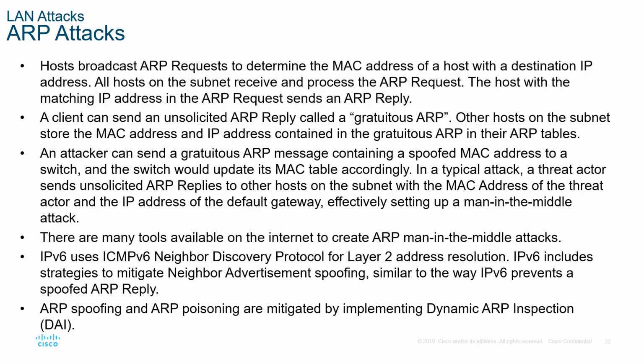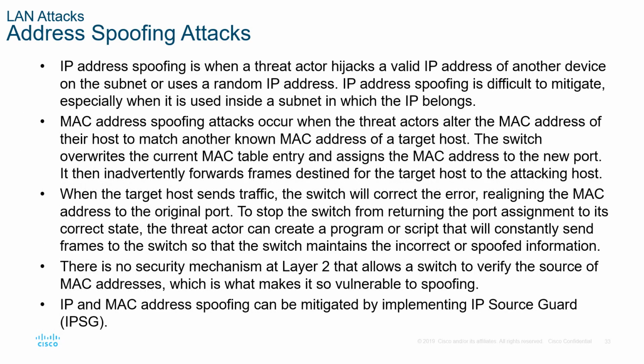Most of this can be mitigated by using dynamic ARP inspection, but these types of attacks do pose the risk of things like a man-in-the-middle attack and other spoofing-based attacks. The issue is these attacks are using legitimate network protocols to target the network. So that's where it becomes a little bit more frustrating.